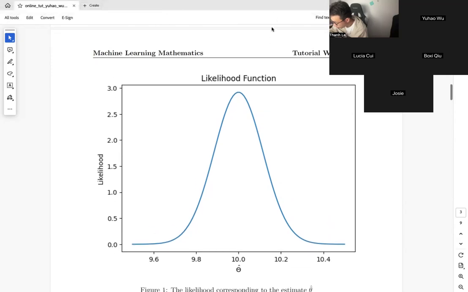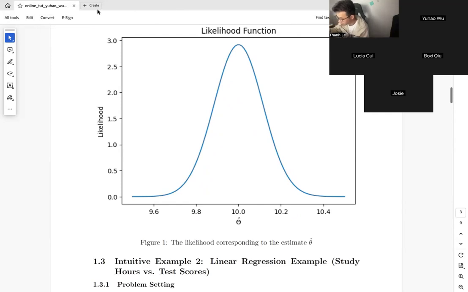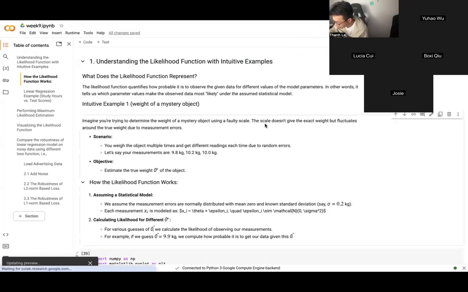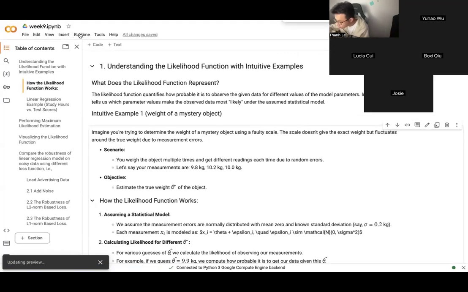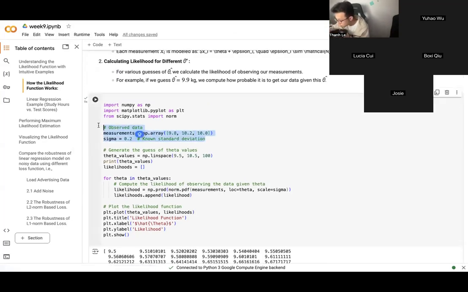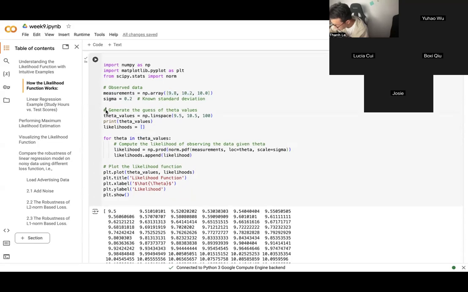Okay, for this part, I can show you some coding. Can everyone see the coding? Okay, for this one, for the first case, this is our observed data x1, x2, x3, and based on these values we can calculate sigma, the standard deviation of these three values.